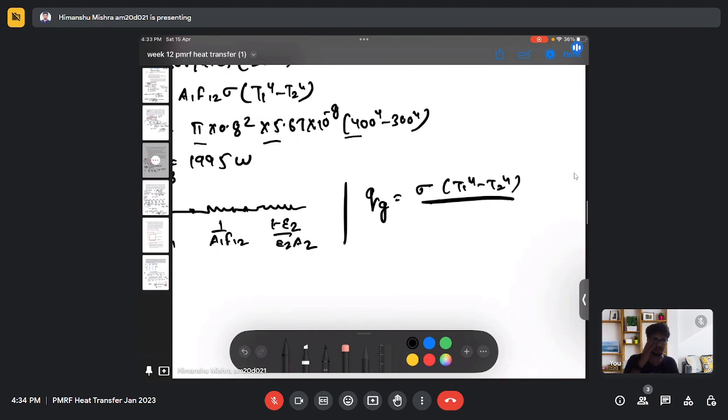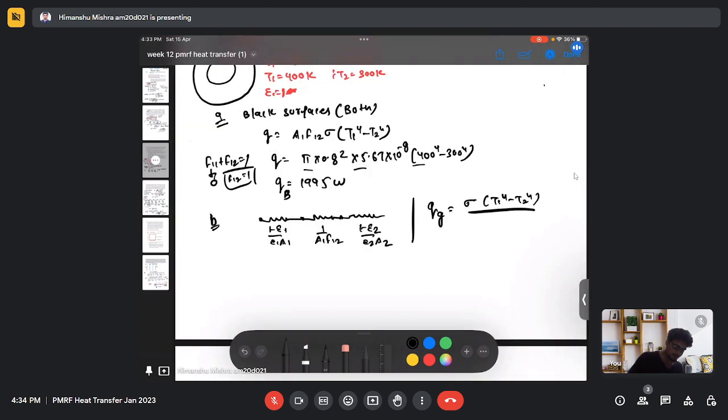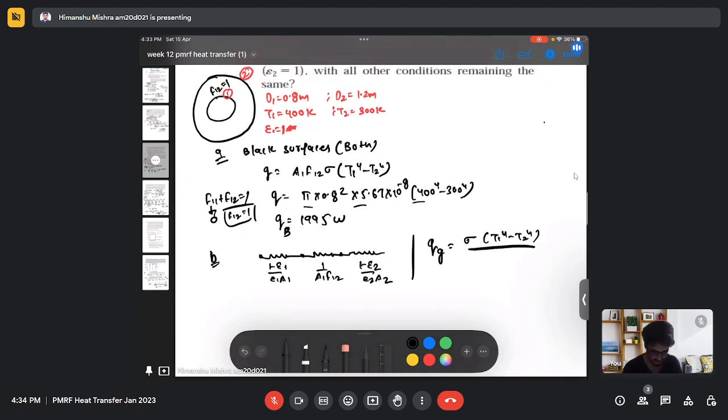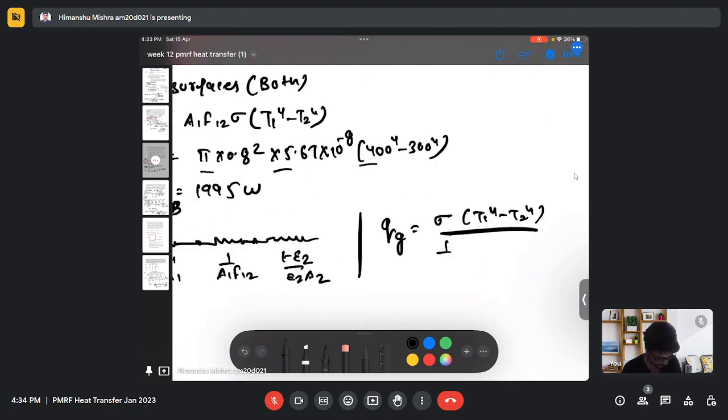I'm directly writing the modified expression because we have already solved a lot of problems, especially this one. For the spherical case, we saw that the area ratio A1 by A2 equals R1 by R2 squared.